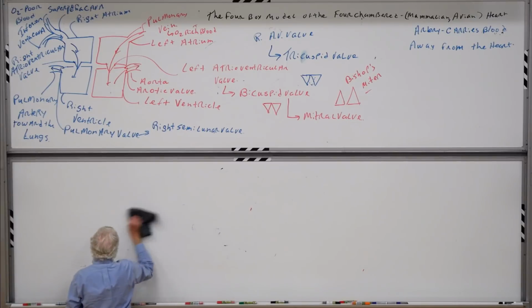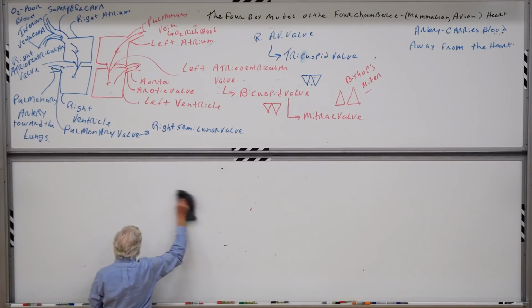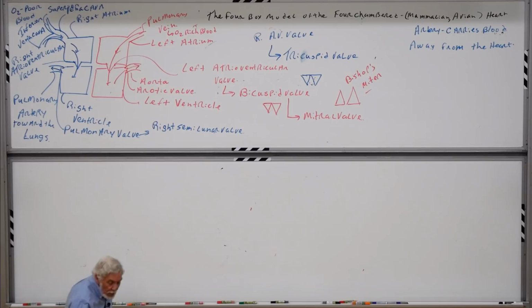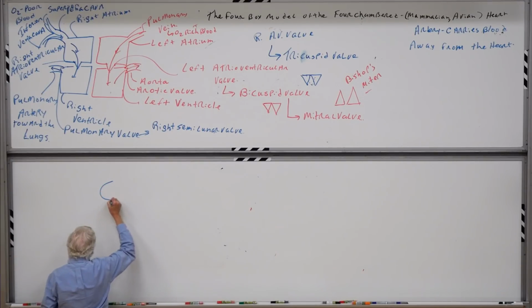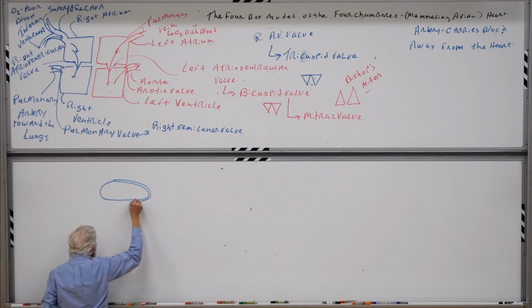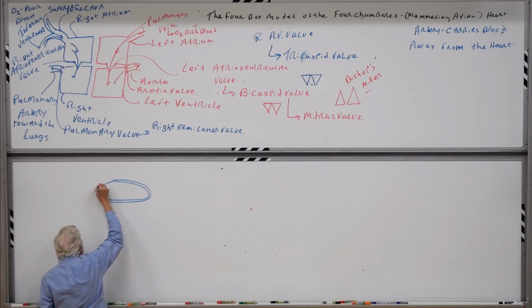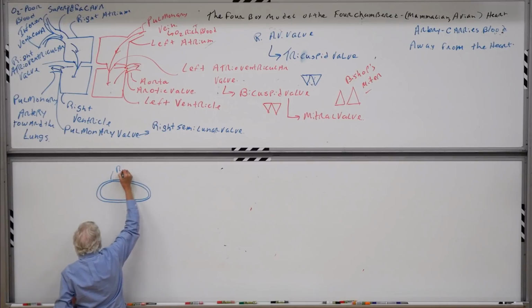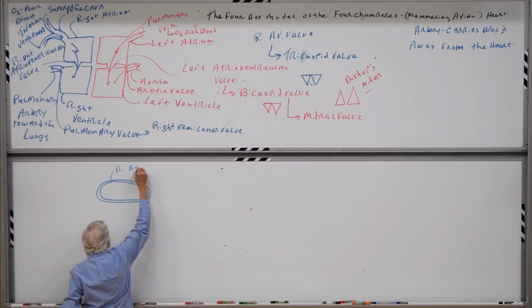So if we start just as we did before on the right side, this structure is meant to represent the right atrium.